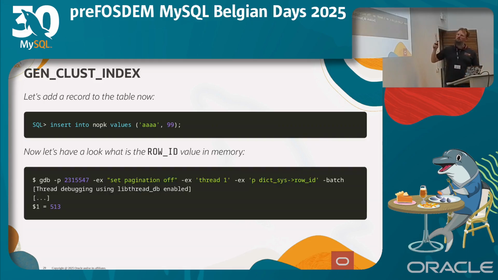Now if I check the value in memory, because on disk nothing changed, right? If I check memory using GDB, I will check this sys row ID, and what we see is that it's 513.